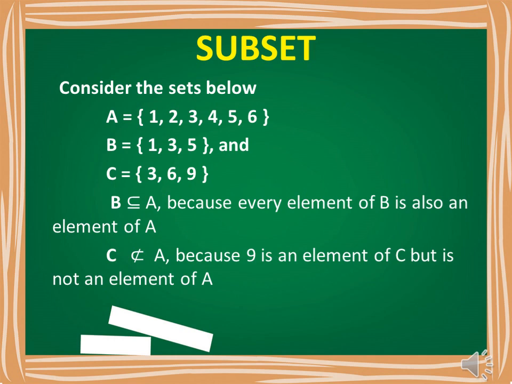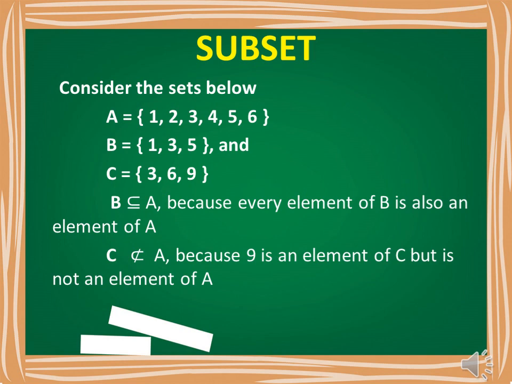Now, what about C? Is C a subset of A? Let's check their elements. C has elements 3, 6, 9. And A again has elements 1, 2, 3, 4, 5, 6.